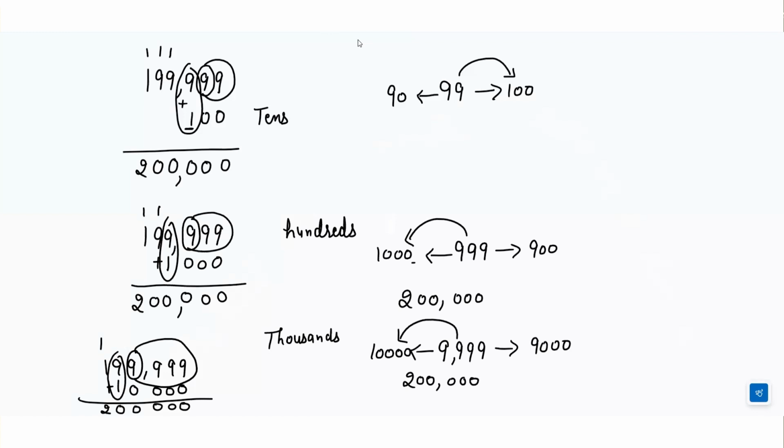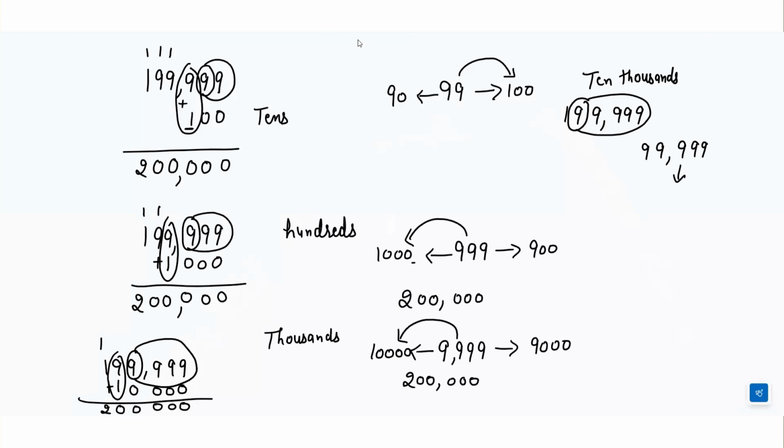Similarly, if I have to do it for 10,000s place. So in the 10,000s place, you can see we have 9 again. So we will take all the digits along with it. It is 99,999.